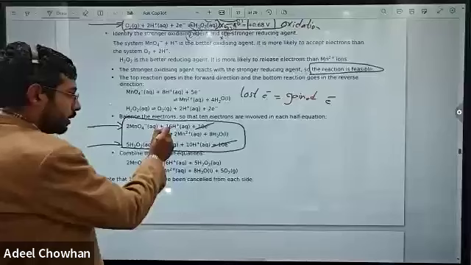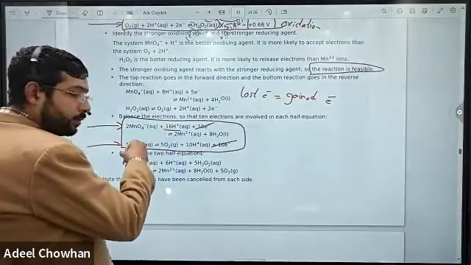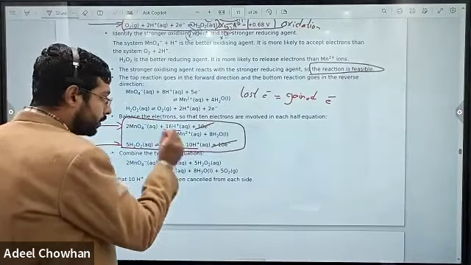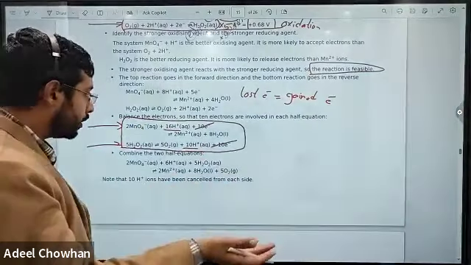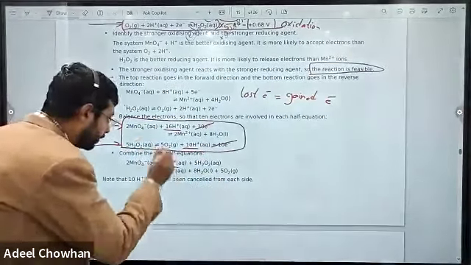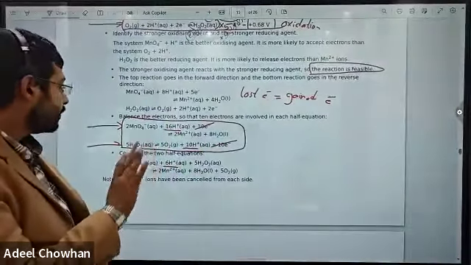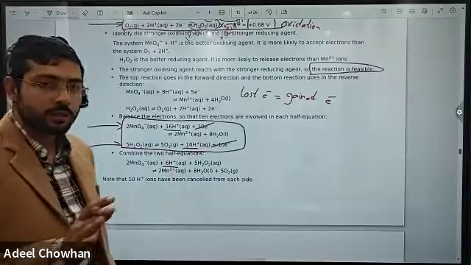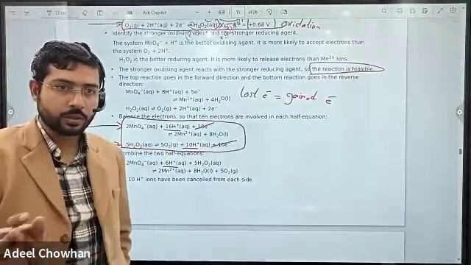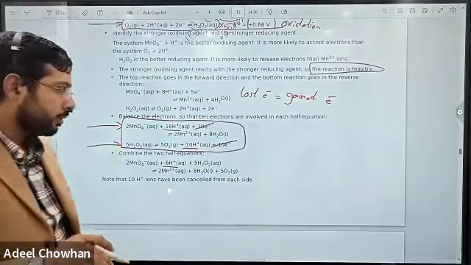Hydrogen ions. There are 16 hydrogen ions on the left side and 10 hydrogen ions on the right side. So it will be 6 on the left side. Very good. And the rest are just different. All of the other species are different. So that's why there is no other cancellation.